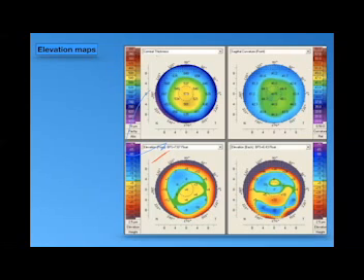What is the normal anterior elevation? It could be normal up to +7. If you find a point at +5, +6, +7, you can consider this point normal.